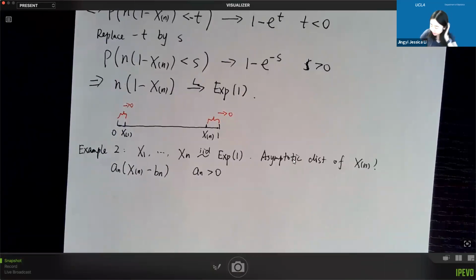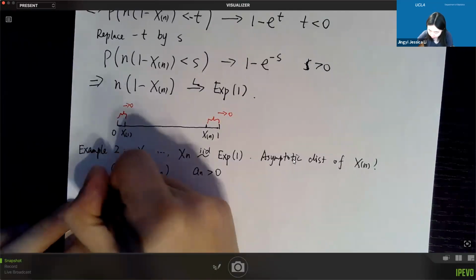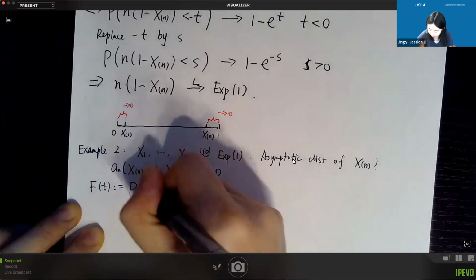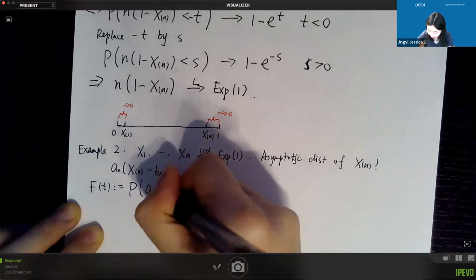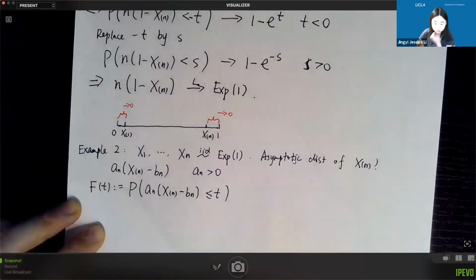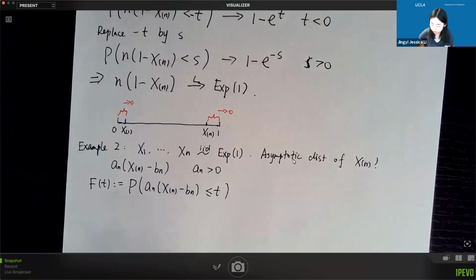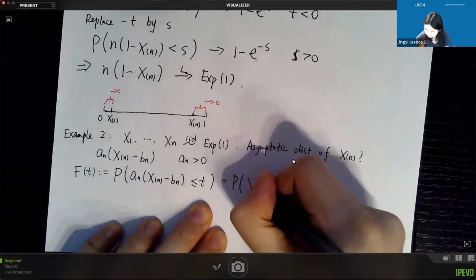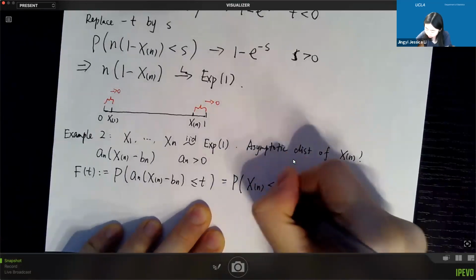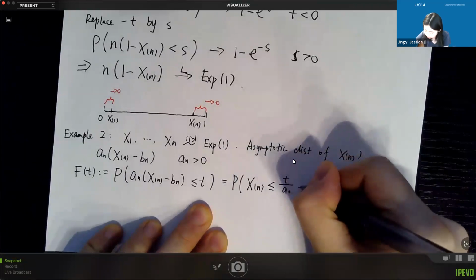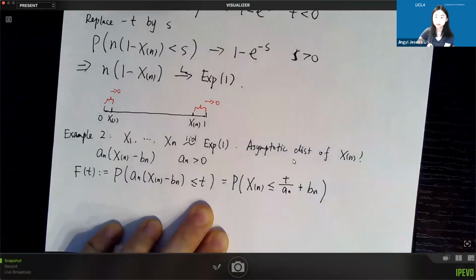And here we again start with defining the CDF of this quantity. We define it as the probability a_n times the maximum minus b_n less or equal than t. Because of a_n being positive, we can write it as the probability X_(n) less or equal than t over a_n plus b_n.